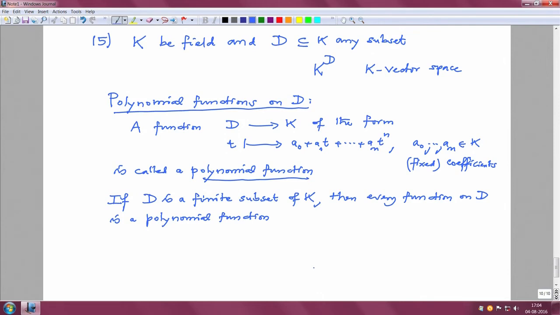Why is that? Note here, this is something like interpolation.